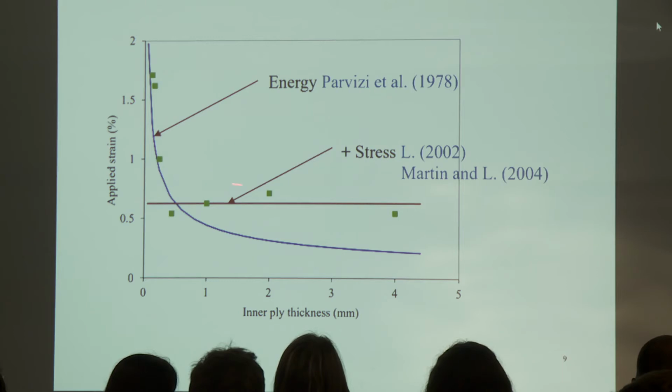a stress condition. If you have a thick ply, for instance 3 millimeters, you start loading, then here you have fulfilled the energy condition, but you still have to load up to this line in order to fulfill the stress condition.